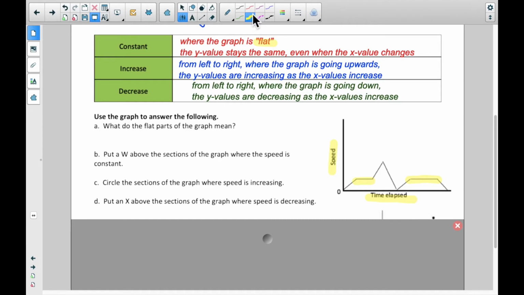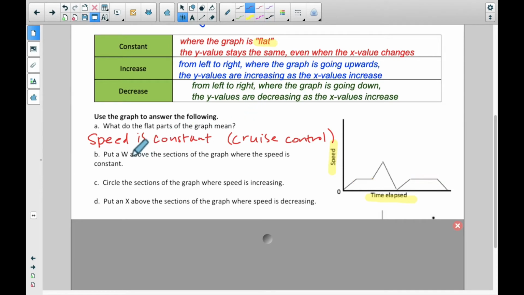So the flat parts of the graph mean that the speed stays constant. That's like cruise control on a car: you can set a button and your car is going to stay that exact same speed. So those flat parts, that's where the cruise control is on. That means it is a constant speed.